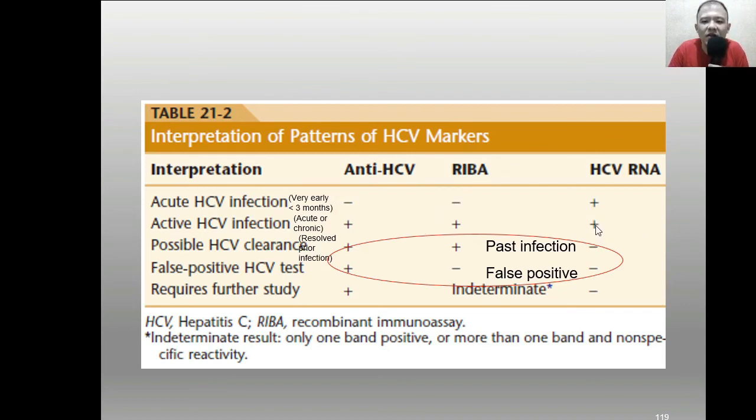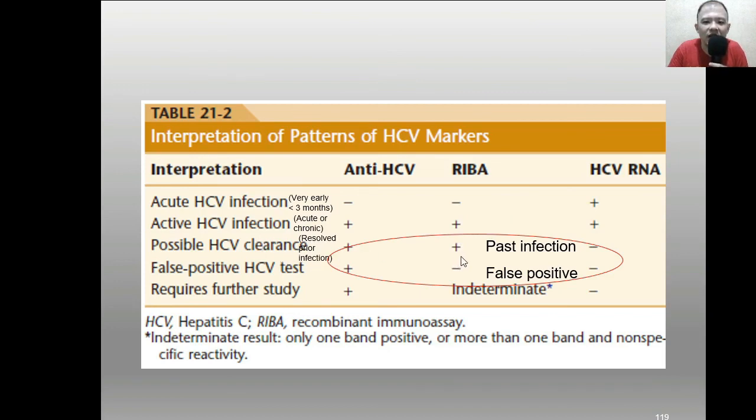Next, if the patient is positive for HCV RNA and positive for antibody, that means the patient is in active infection, but there's no clearance yet because you still have the RNA. And the positive RIBA will tell us that there are really antibodies.